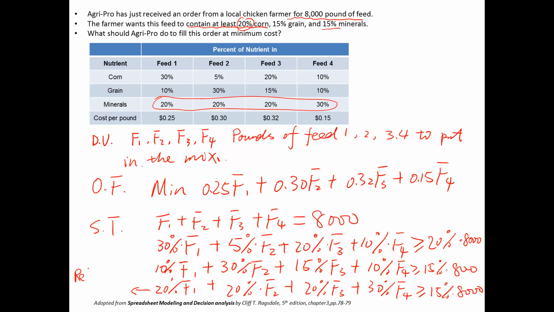I already gave you some hint here. Redundant. That's a redundant constraint, because it will be fulfilled anyway, with or without it, it will be the same. So this redundant constraint does not play a role in defining the feasible region at all.